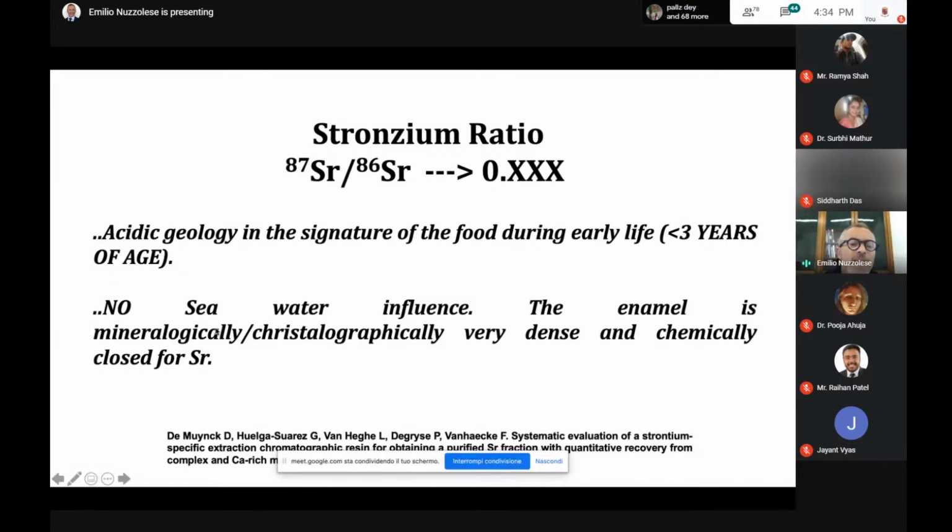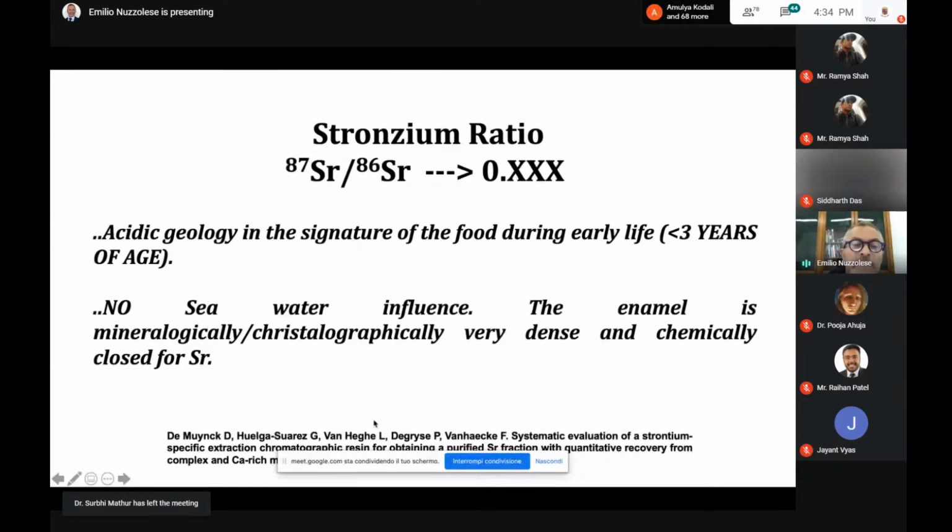But the interesting aspect from the identification point of view is that the strontium which is present in bones is of course influenced by the strontium which is present in the environment. So if we recover human remains from the soil or from the sea, we cannot use the bones to establish the strontium ratio, because that is being influenced by the strontium present in the area of recovery.